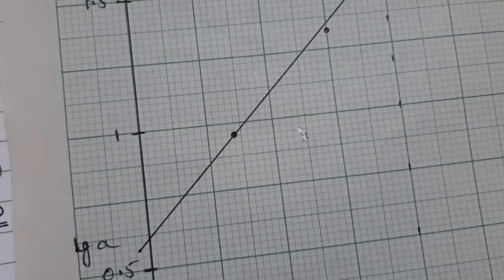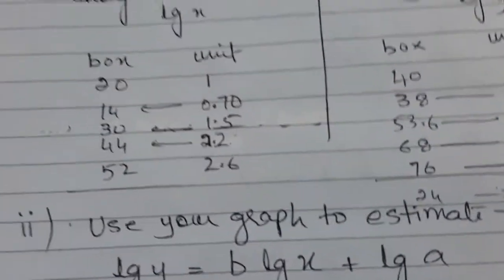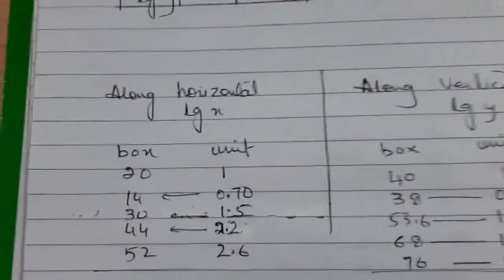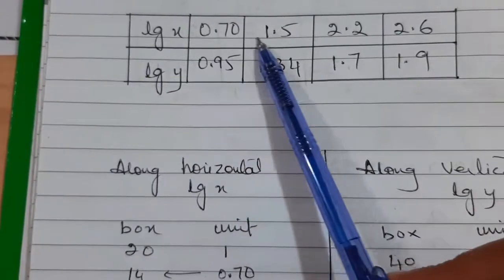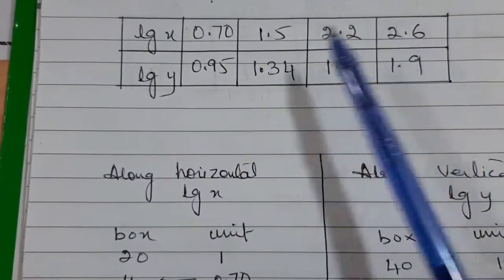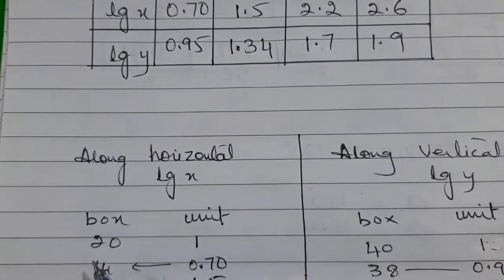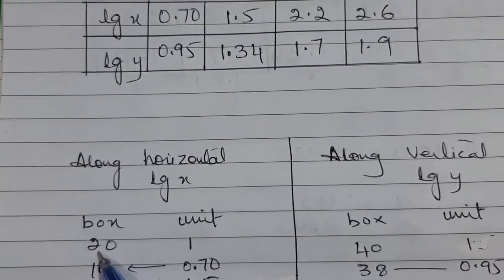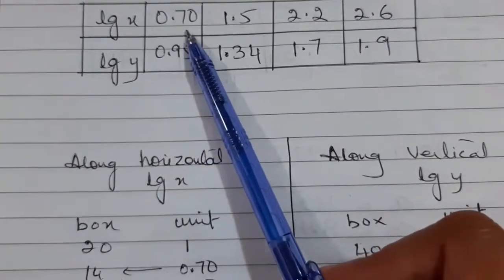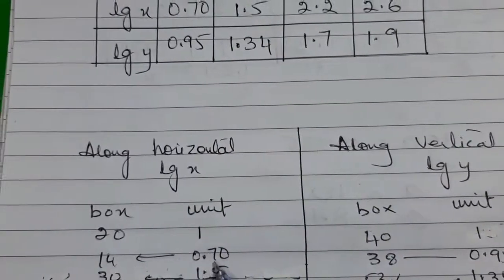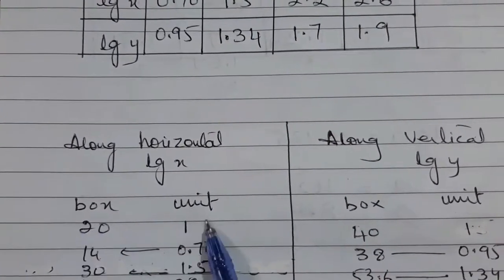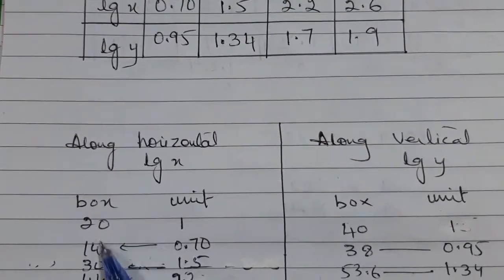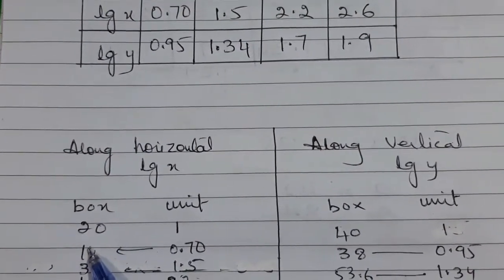So let's see how we will find the points to plot here. Okay, so what I have done is first of all plotted all these points. Basically I have marked this. I know that 1 unit equals 20 boxes. So what is 0.7 unit equal to? I did cross multiplication, like in the unitary method, and found it equals 14 boxes.